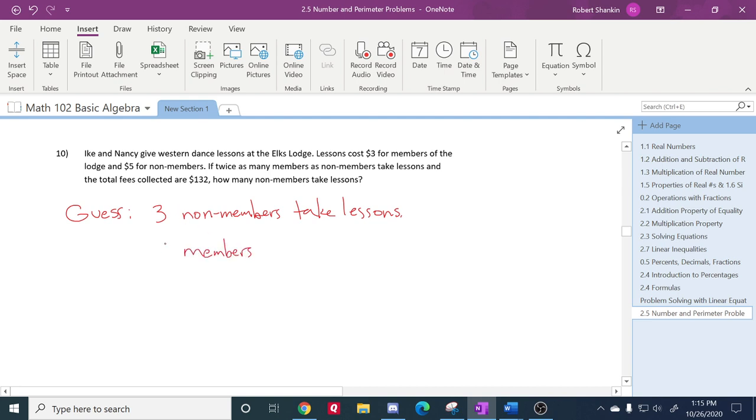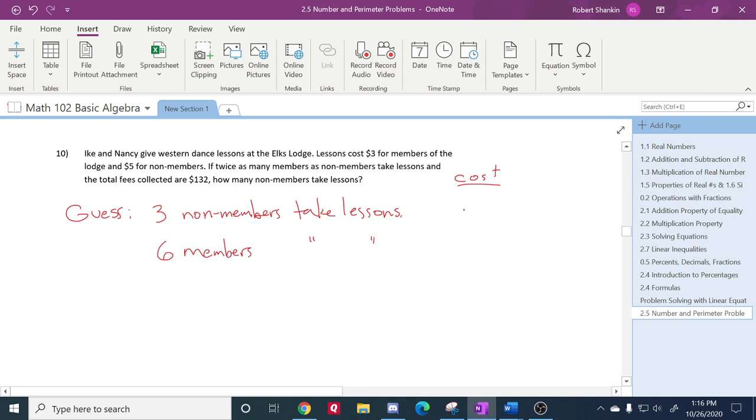Well, if there's twice as many, there's got to be 6 members take lessons. Okay. Now, since I only had to guess one number, the 3, but it provided me with both numbers because this was twice as many as that. Okay, and then the cost for each one of these.